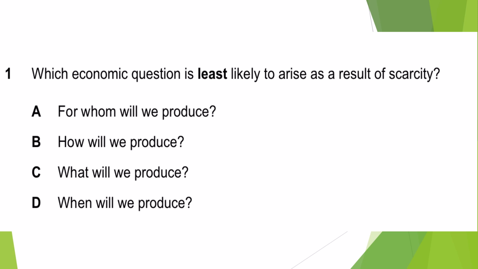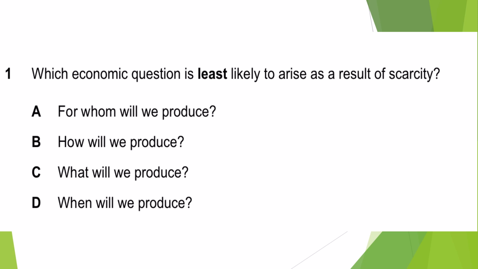The first MCQ is: which economic question is least likely to arise as a result of scarcity? So least likely, first of all we need to know what the economic questions are. The economic questions are what to produce, how to produce, and for whom to produce.